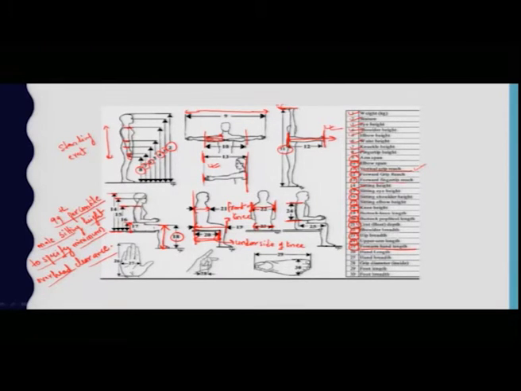25 is the forearm hand length, known as this particular distance, as you can see from this figure also. 26 is the hand length, from the fingers to the point where your hand starts.